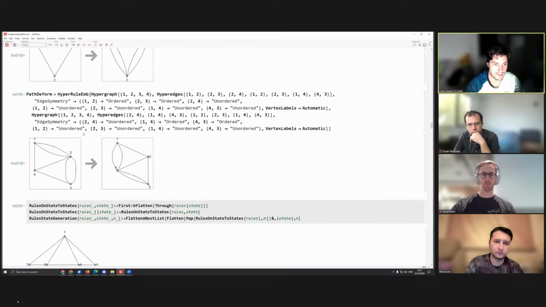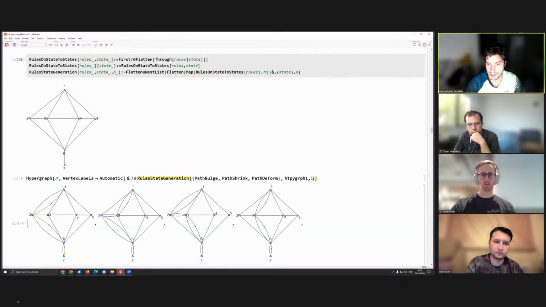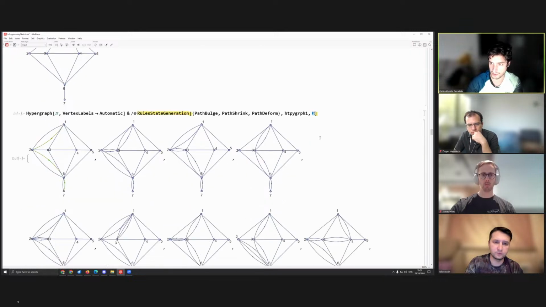We do it for 3 generations, meaning that you apply these 3 rules in all possible ways 3 times. So it could be 3 times the bulge, 3 times the deform, bulge, deform, bulge, all possible combinations of 3 rule applications.